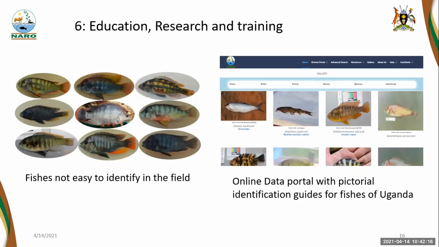Okay. So again, one of the features that are evolving in our data portal is the atlas, and the application of this atlas is huge, because we have so many stakeholders, including researchers, lecturers, environmental practitioners, and even students who are not able to identify all these fishes in the field.